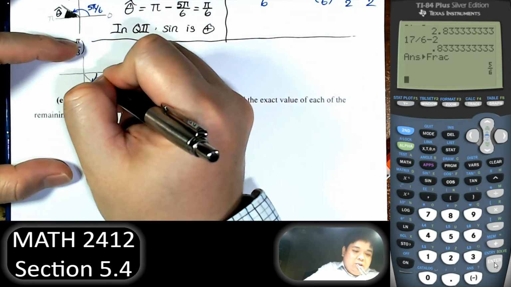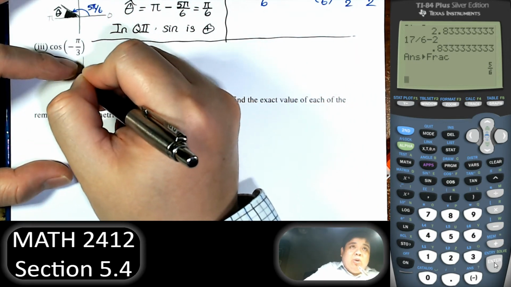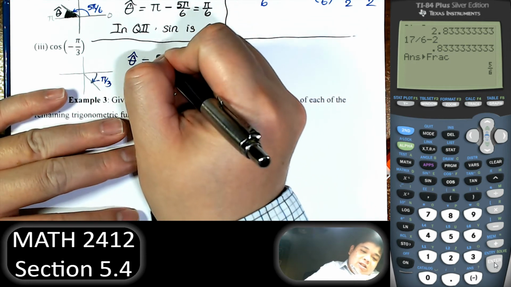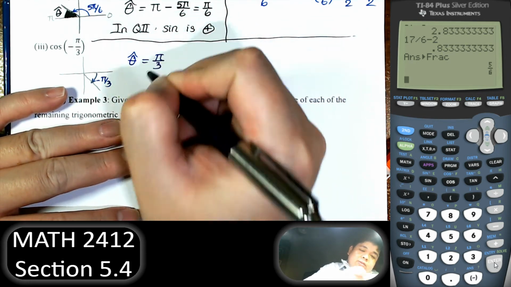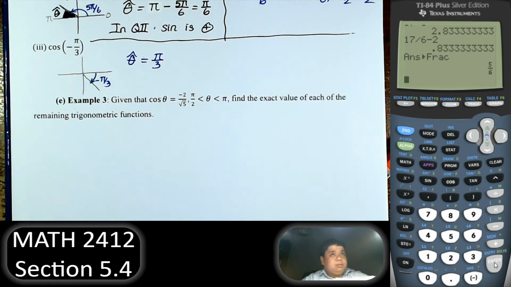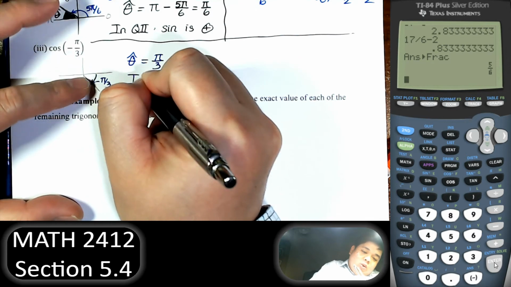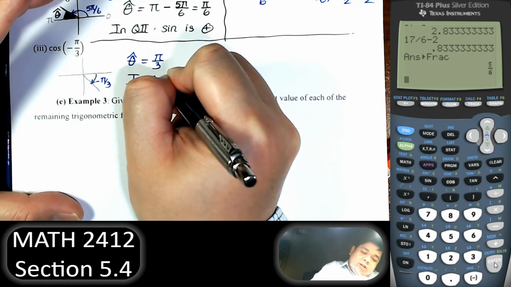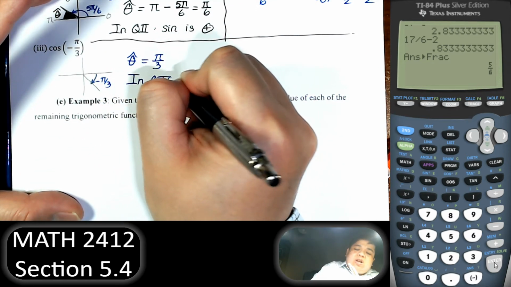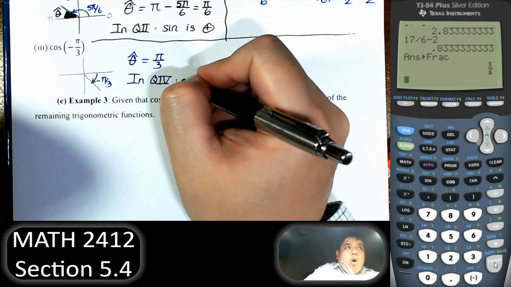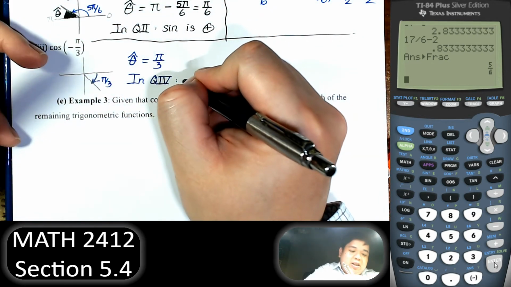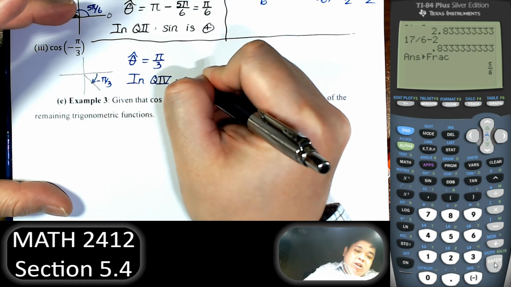Just go backward and take the terminal ray with the positive x-axis. And then this is in quadrant 4. Is cosine positive or negative? So All Students Take Calculus. So in the last quadrant, cosine is positive.